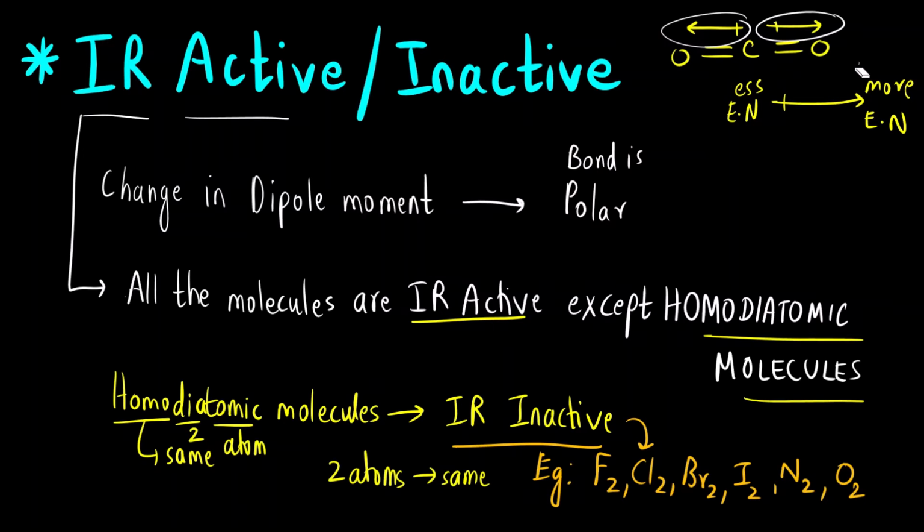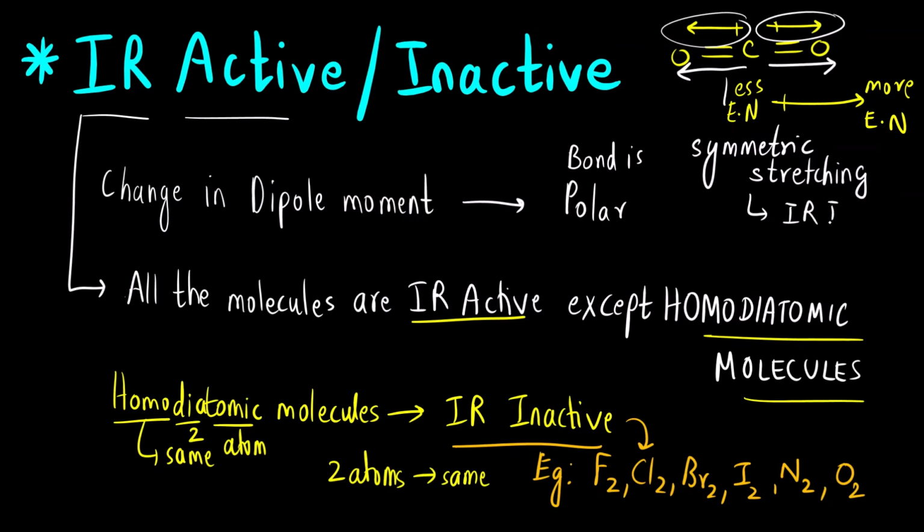Why? Because only one of the modes will be IR inactive. Which mode will be inactive? If I stretch this bond in this direction and this bond in the opposite direction, this is called symmetric stretching. You would find that only the symmetric stretching mode is IR inactive. But there are other modes of vibration that we have learned, right?